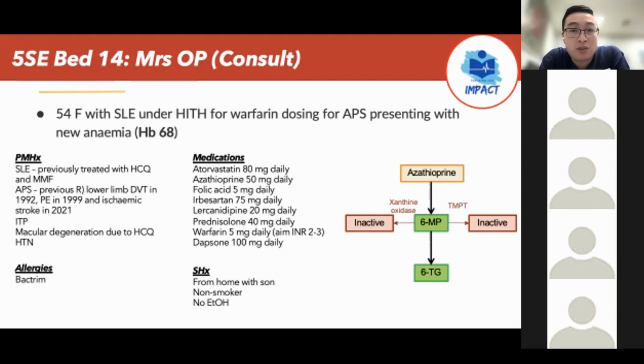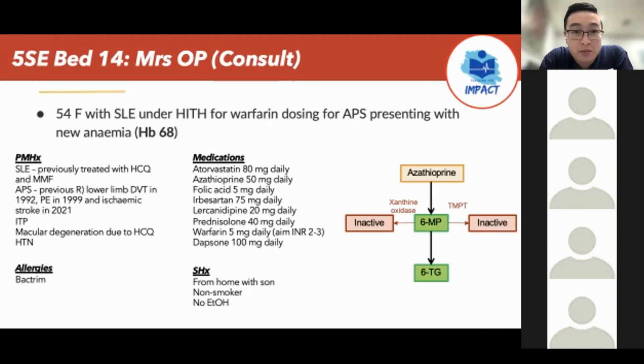The baseline hemoglobin for this patient was about 115. And suddenly, over the course of days, it plummeted to a hemoglobin of 68. And the hospital in the home doctors had no idea what was going on, and so called in the hematology registrar. What you need to know about this patient is the past history of SLE, previously treated with hydroxychloroquine and mycophenolate mofetil.